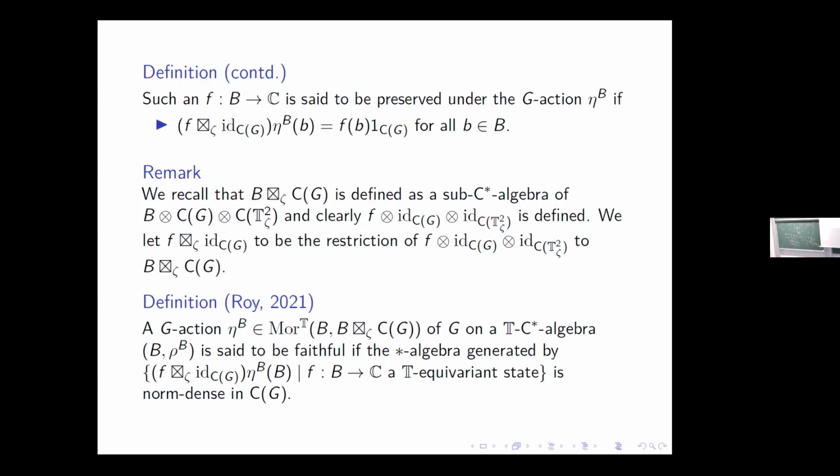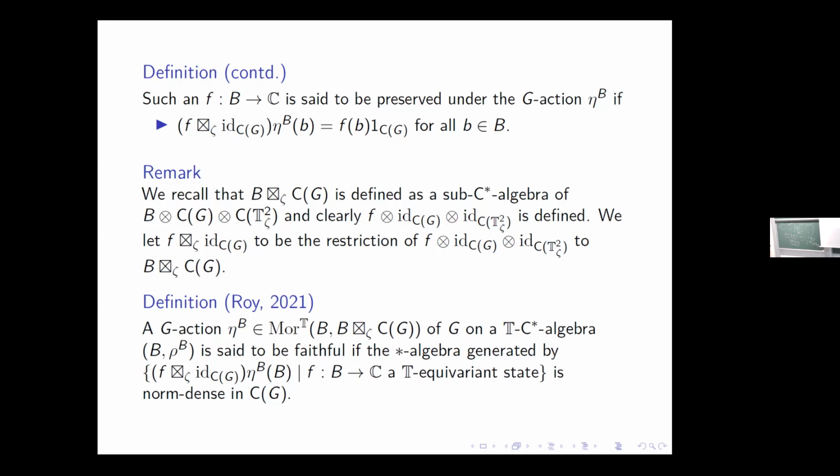The F times identity is defined on this bigger C-star algebra. So we take F braided identity to be the restriction of that state on the subalgebra. Hence it makes sense to call a state G-equivariant.